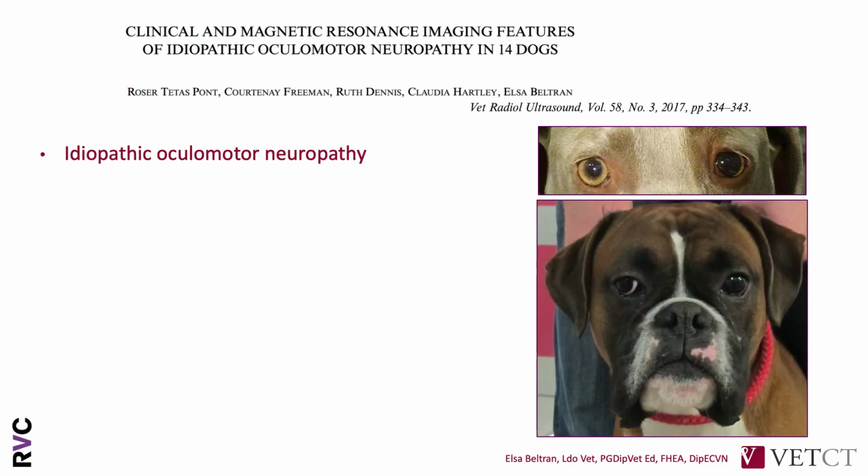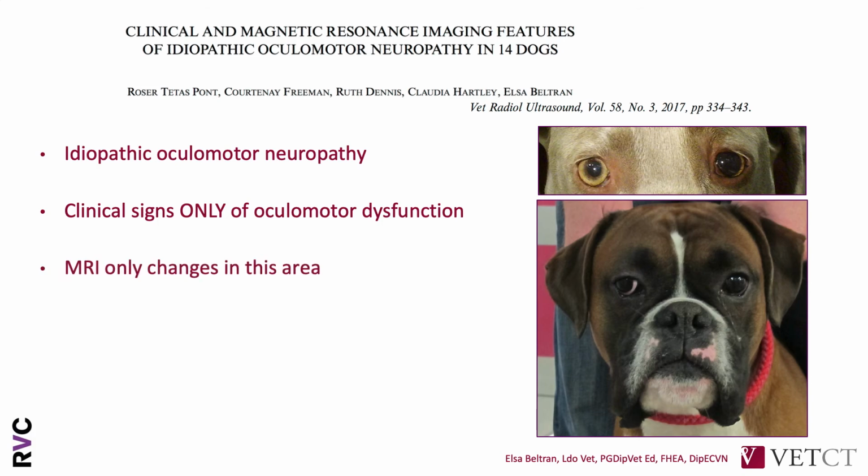So when we talk about this idiopathic oculomotor neuropathy that we reported in 14 dogs, it's important to remember that when we clinically suspect it, the clinical signs are only associated with the oculomotor dysfunction. So if you see any other neurological deficit that is not due to oculomotor dysfunction, this does not fall in that category.